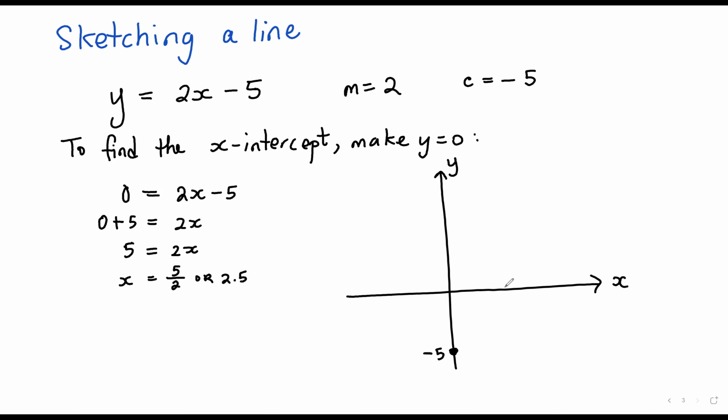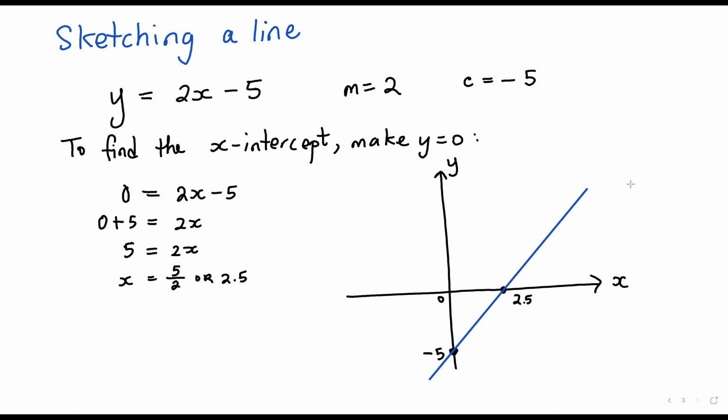It's just a sketch, so it doesn't have to be perfect. And here is 0, that's your origin. So my graph is going to pass through those two points, like this. And that would be the graph of the equation y is equal to 2x minus 5.